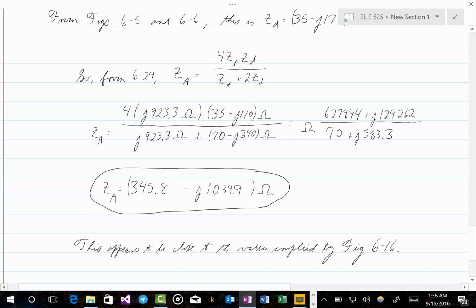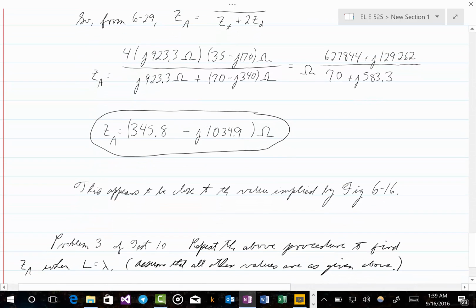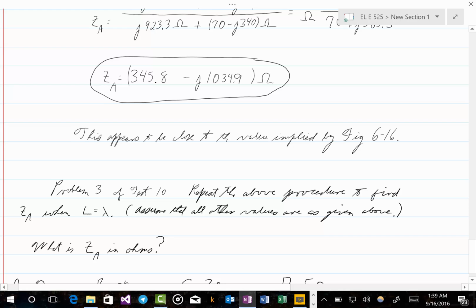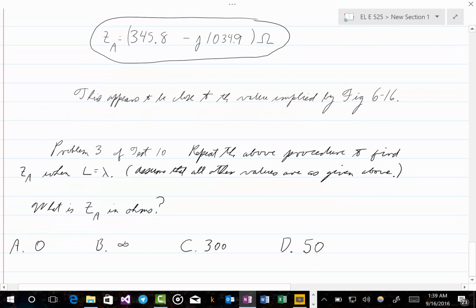Now keep in mind, figure 6-16 is only for the real part of the input impedance. But if you look at that, you'll see that 345.8 does seem to be pretty close to the value that you would estimate from figure 6-16. So that completes that problem, and that leads directly to the last problem on test 10.